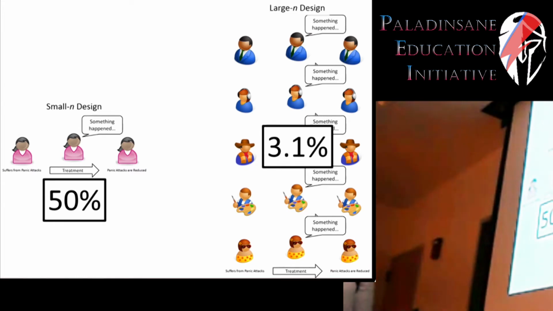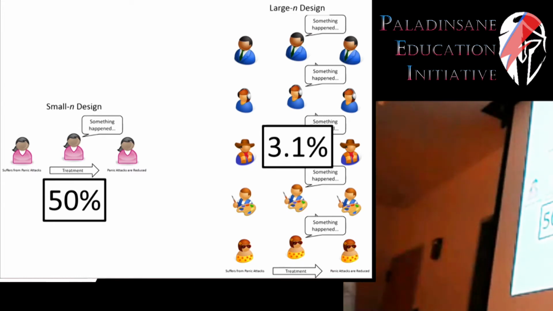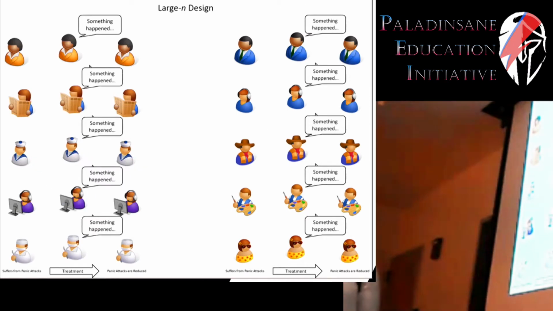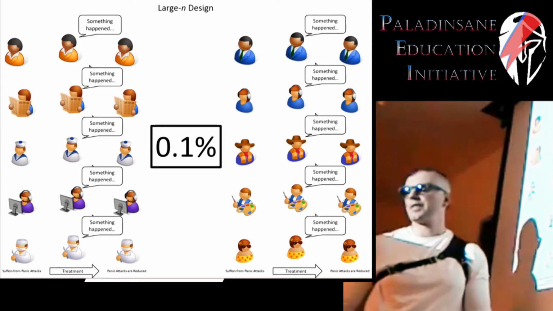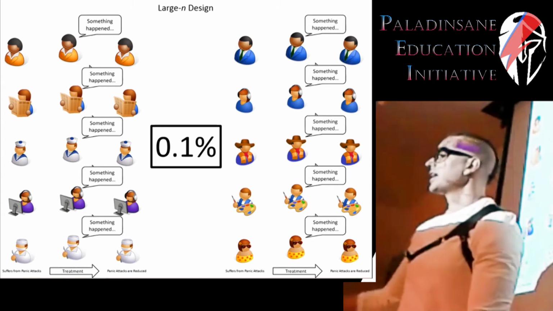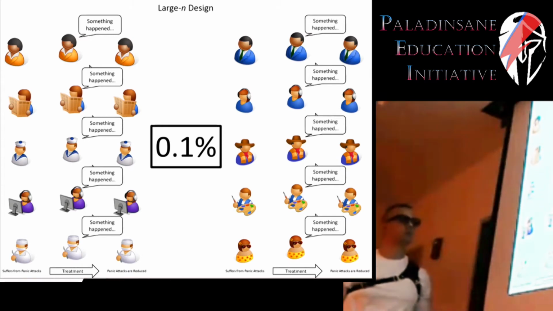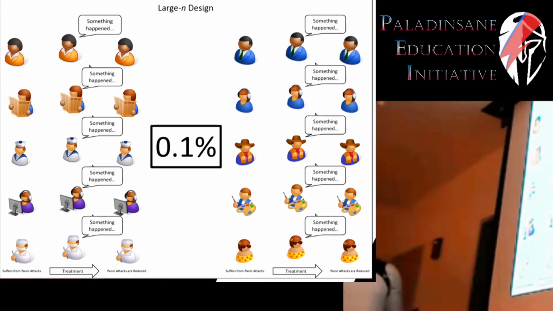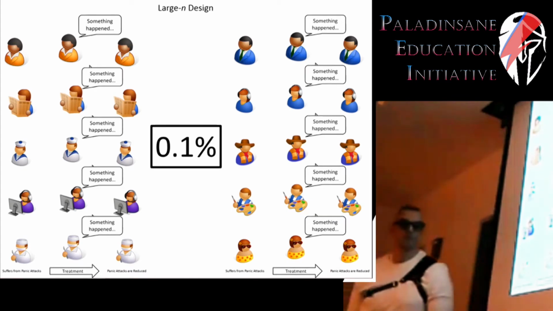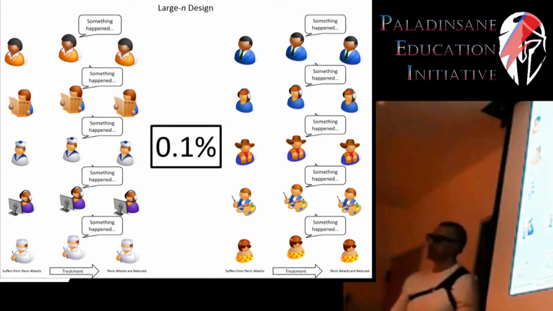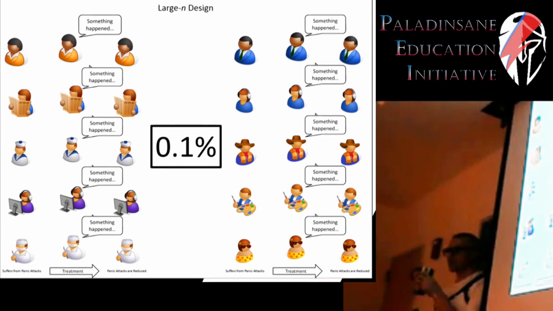That's still a small number of subjects. If you increase it just to 10 subjects, that chance goes down to 0.1%. Just a 1 in 1,000 chance that it's not your treatment, that something else happened. That's the chance that something else would happen to 10 individuals: 10 coin flips, and getting heads on every single coin flip.